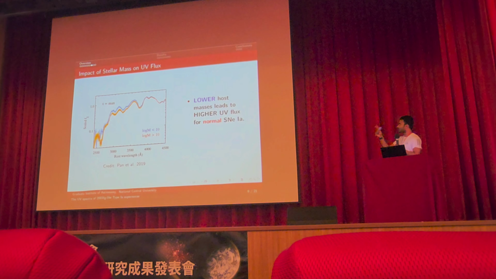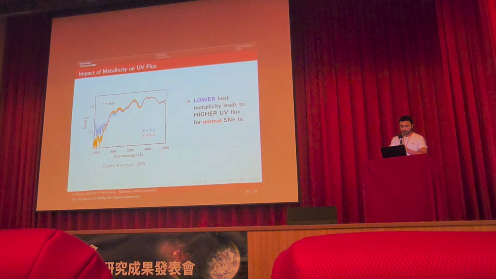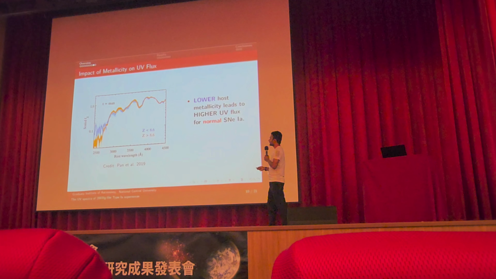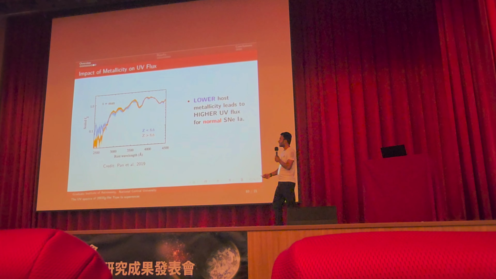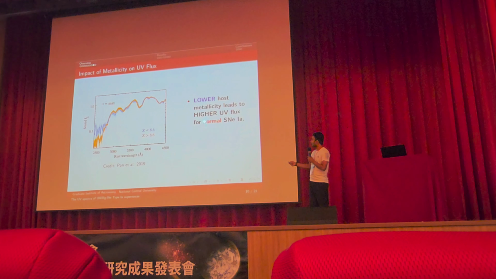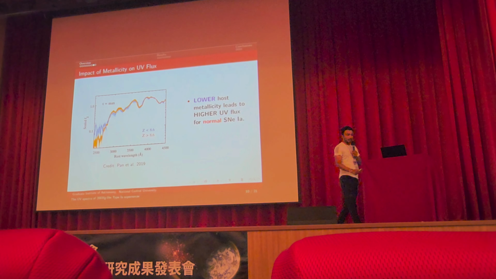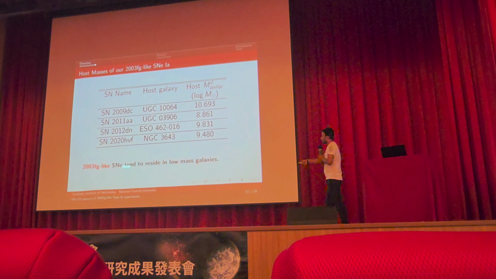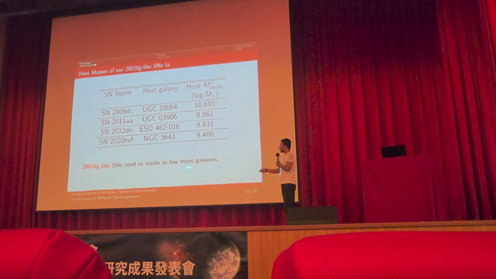The reason I show this slide is because I want to test this argument for 03fg-like objects. And they did the same for metallicity, and they found that if the host metallicity is lower, it leads to enhanced UV flux. Again, the normal Type Ia. The reason I show this is because 03fg-like objects reside in low-mass galaxies.